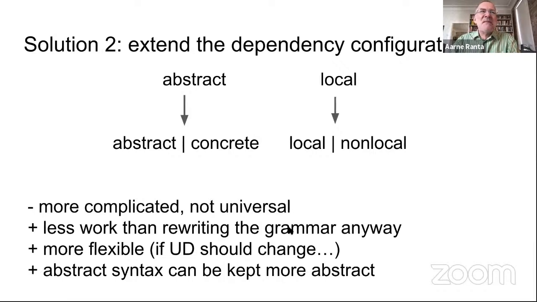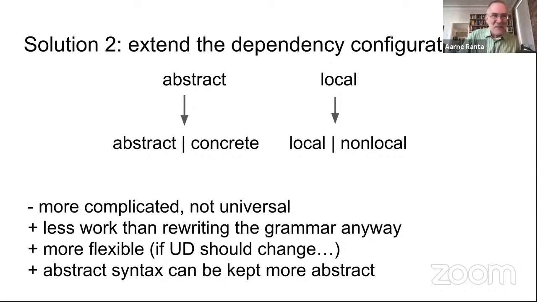I will show some examples, but the main thing is that you do these configurations and it's more complicated and it's not universal, so you have to do them for all languages separately. But it's probably less work than rewriting the grammar, and it's certainly more flexible because UD can change, and it actually has already changed.